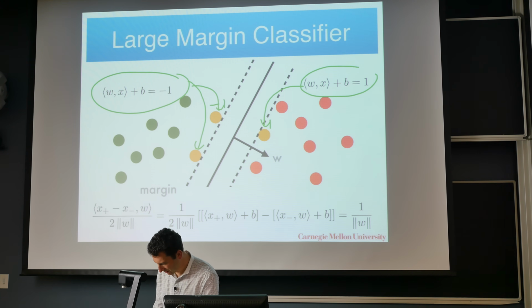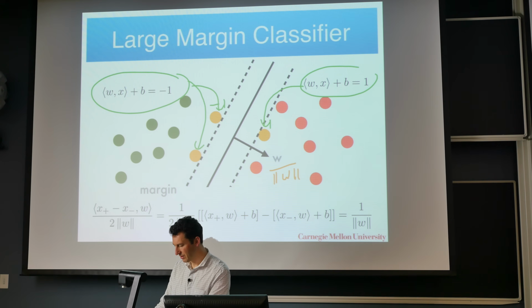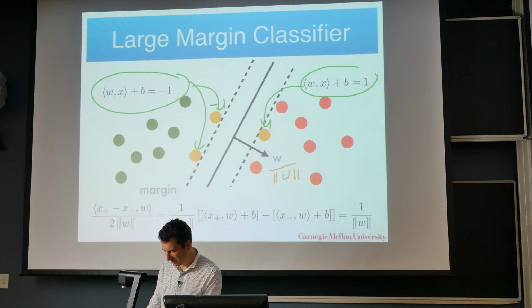That unit vector is nothing else than w divided by the norm of w. And so we're done. Now, therefore, if I want to maximize this margin here, I just need to minimize 1 over w.